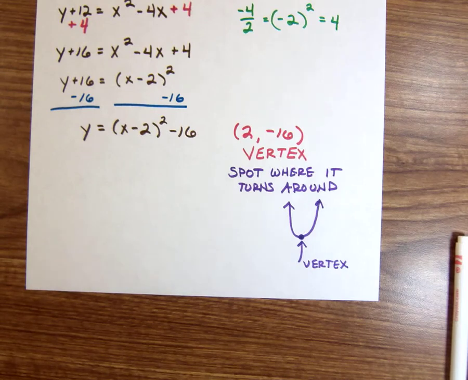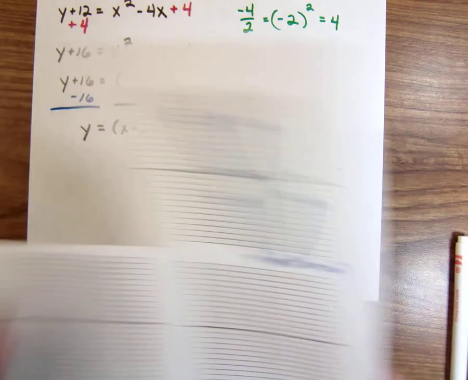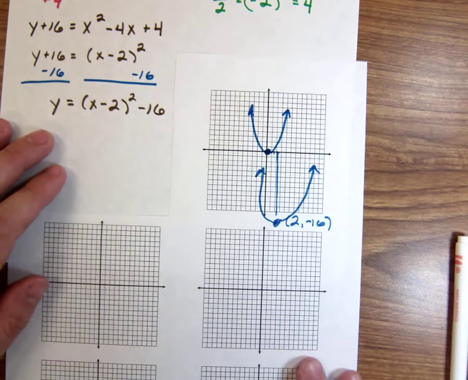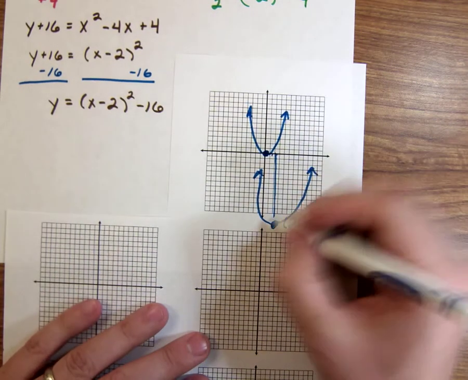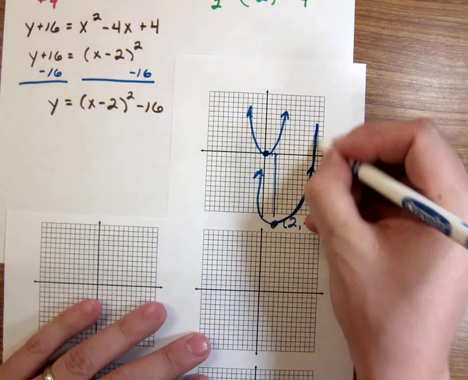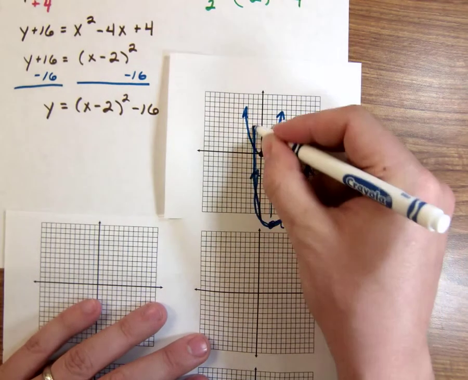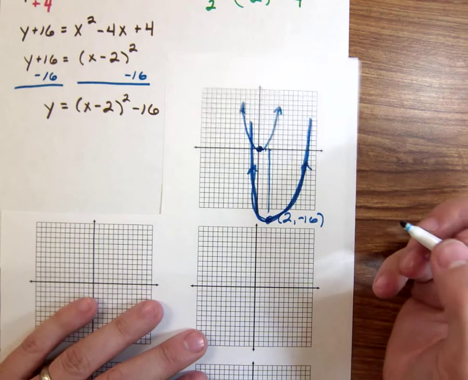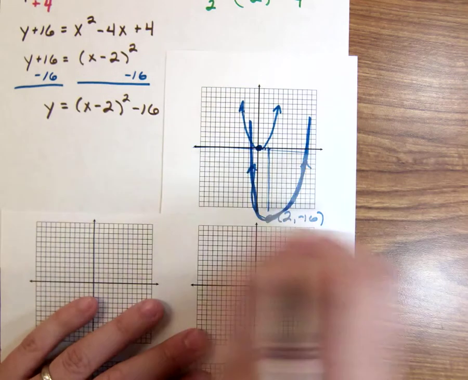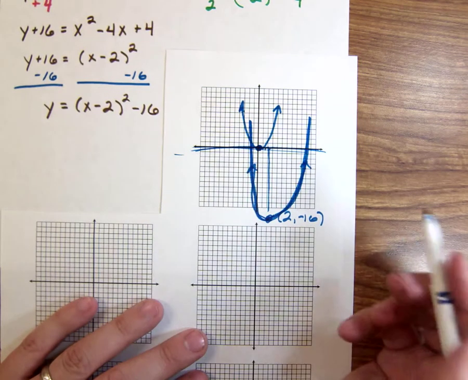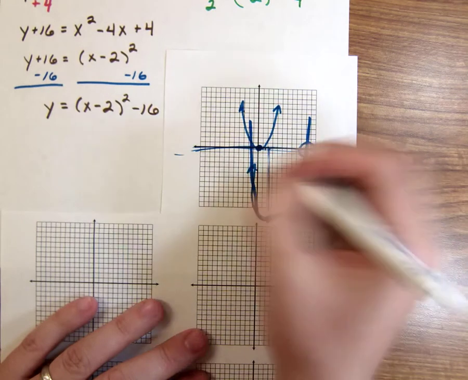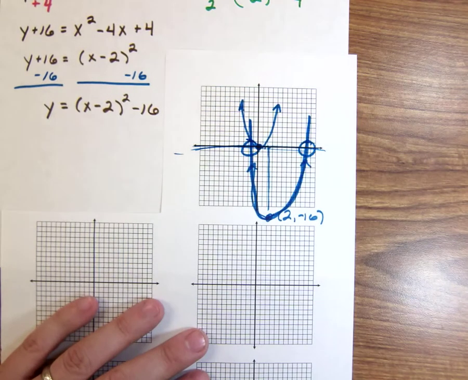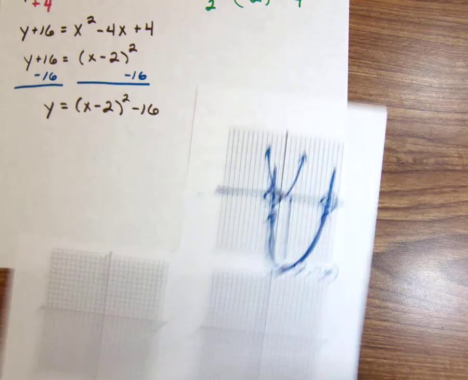Okay? Now let's go back to the graph that I drew. What I want you to notice is that although I stopped this graph short and drew the arrows, if I had continued drawing this graph like this, if I'd gone all the way up, this graph would have crossed the x-axis. It would have crossed the x-axis in two spots, right there and right there. Those are called intercepts, x-intercepts.